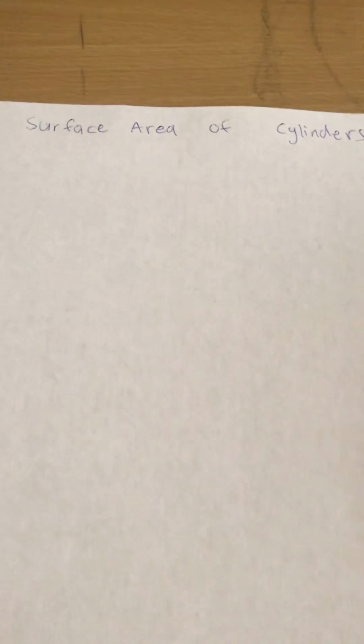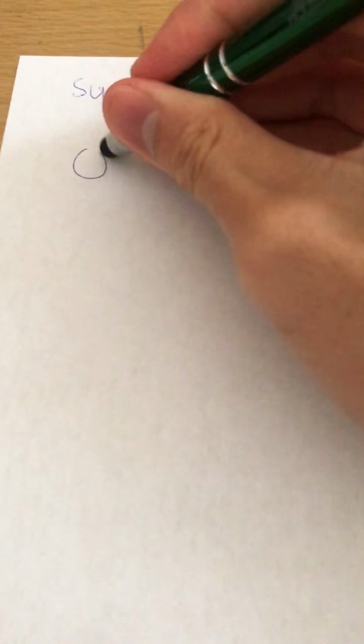The focus of this lesson is to understand what surface area is, to see the formula for the surface area of a cylinder, and to understand why that formula looks the way it looks. We're actually not going to use the formula today yet, but we're going to understand why it is the way it is. So, first and foremost, we're going to start off with a cylinder.